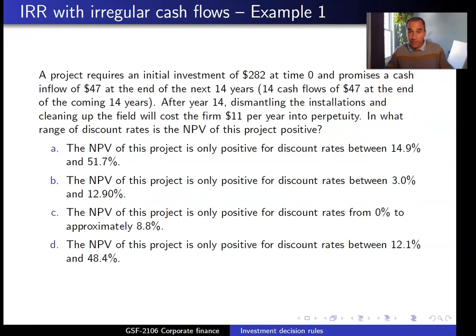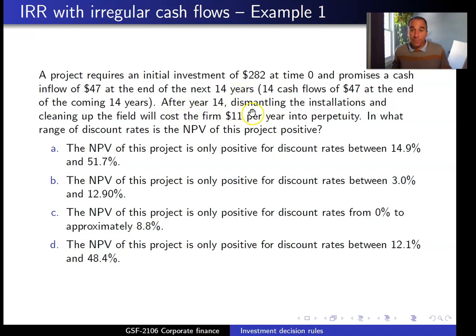And here's an example of questions I may ask with respect to internal rates of return of projects with irregular cash flows. We have a project that requires an initial investment of $282 at time 0 and promises a cash inflow of $47 at the end of each of the next 14 years.